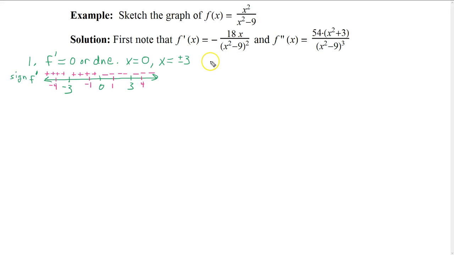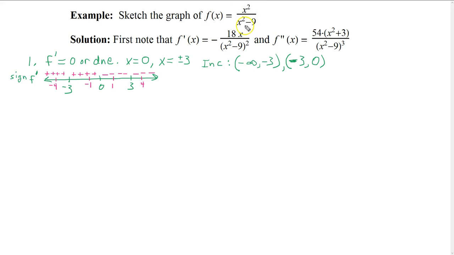So we see that we are increasing from -∞ to -3, and from -3 to 0. Notice I didn't write this as -∞ to 0 because our function up here, as we will see, has a vertical asymptote at -3.